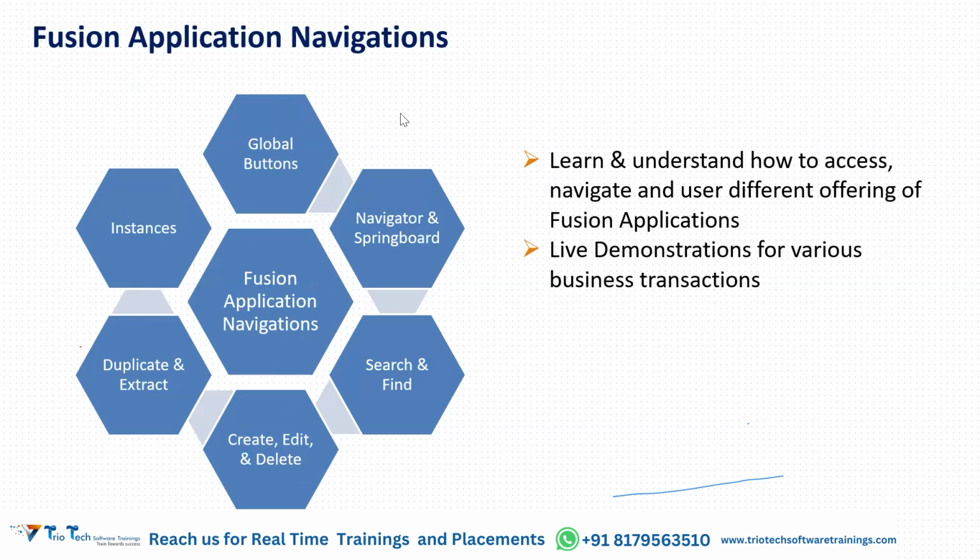Guys, in the basics, as we discussed, we will discuss the Fusion navigation, what global patterns are, how to access, how to search any particular entity, how to duplicate, what an instance is, how to access different instances. In case we need to create a phone number, how to create, how to delete, how to edit, how to search. All this functionality we will learn, whether you need to search for a general ledger, an employee, a phone number, or a supplier.